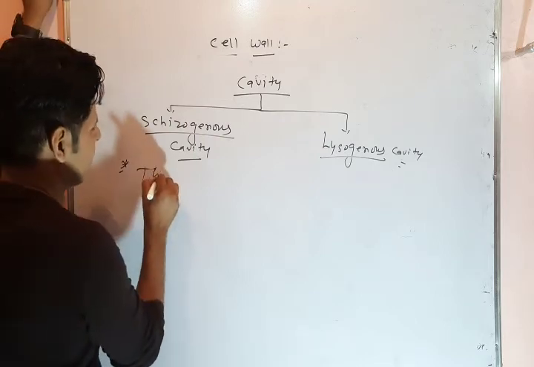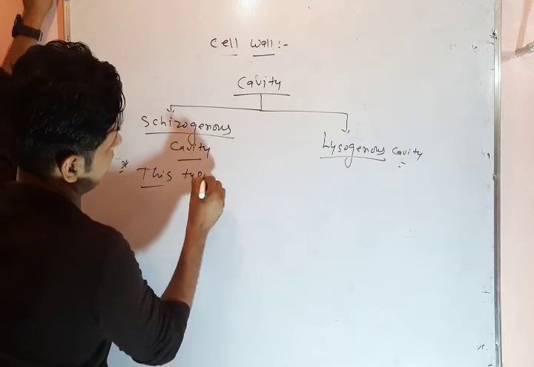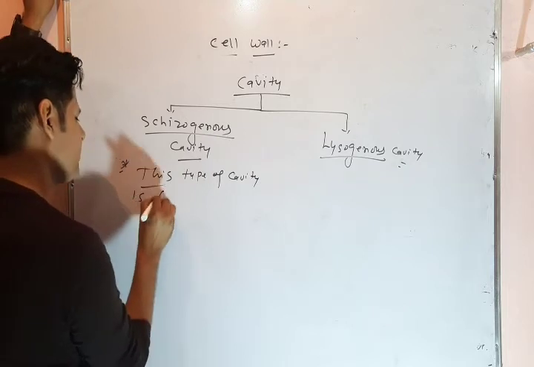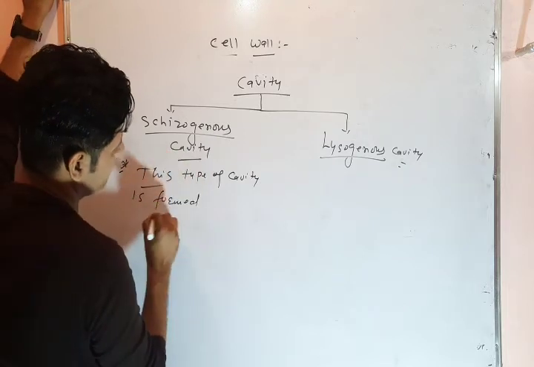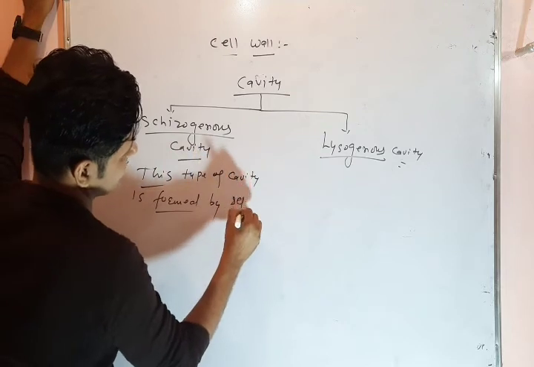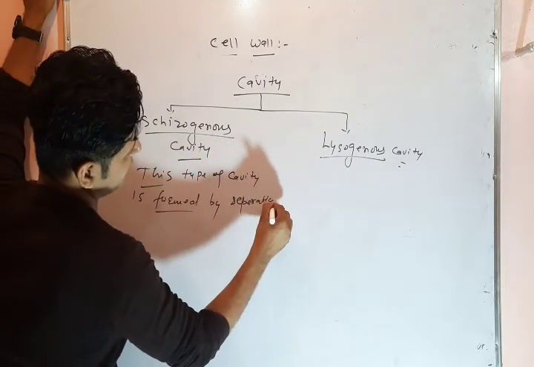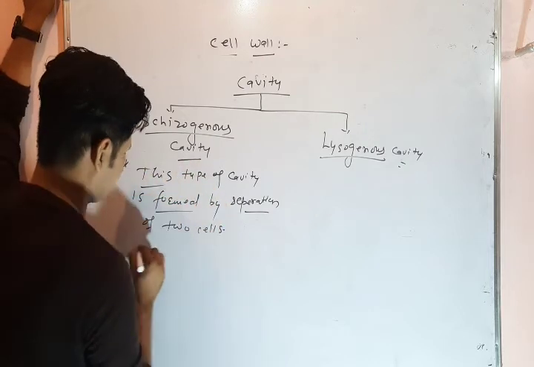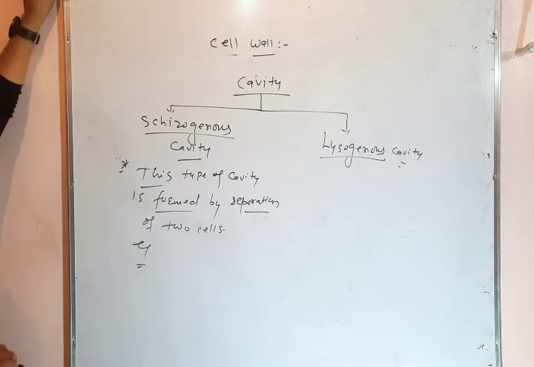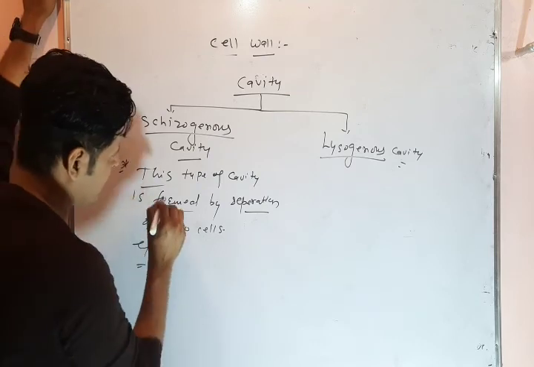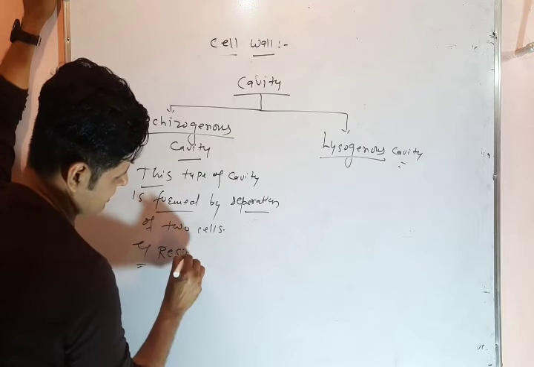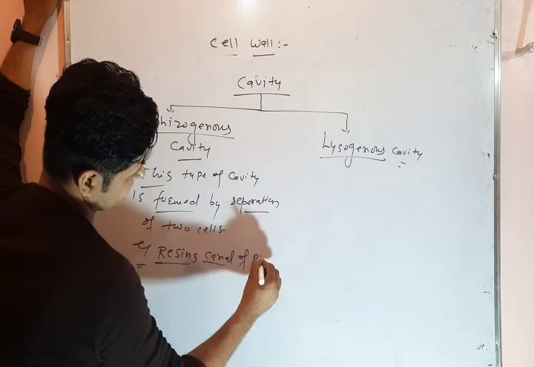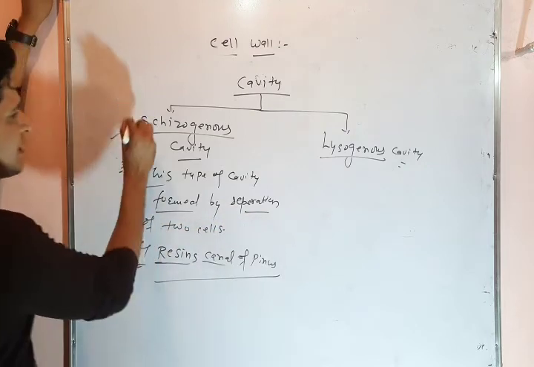An example is the resin canal of pinus. This is the cytogenous cavity.